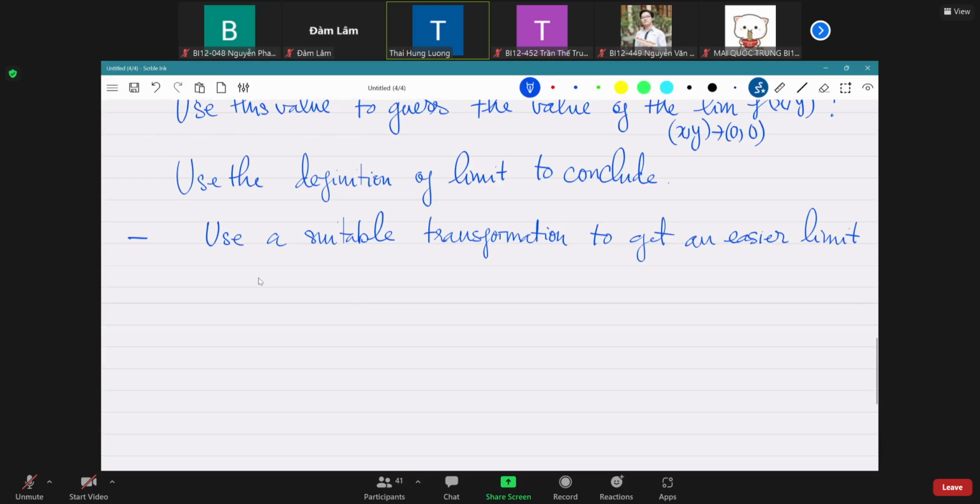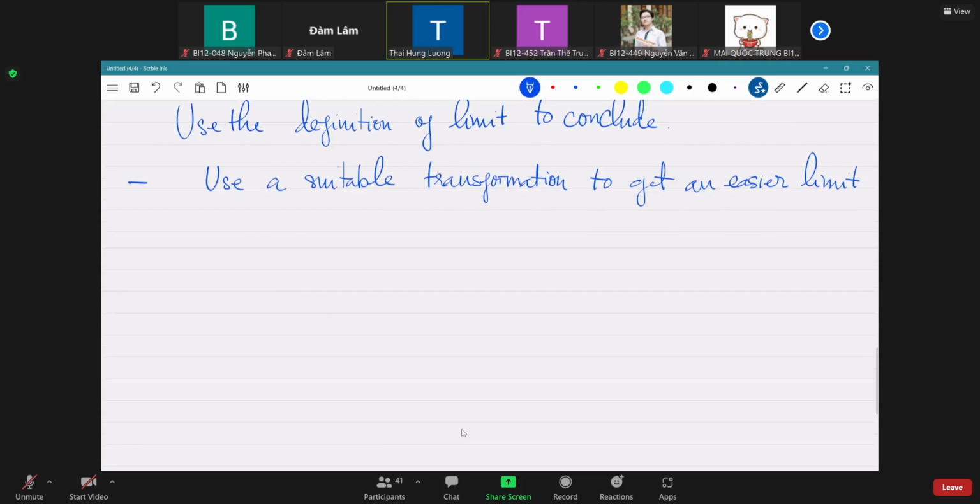Of course, this method is very general. There is no exact step to follow. It depends on the formula of the function and of course the problem. So let's take a look at what we can do with problem 4. Let me rewrite the formula.